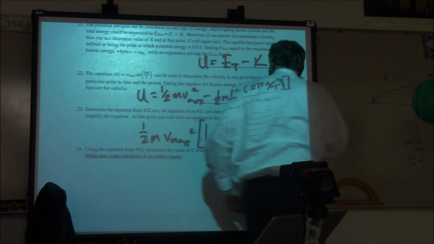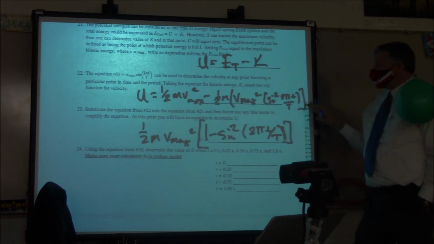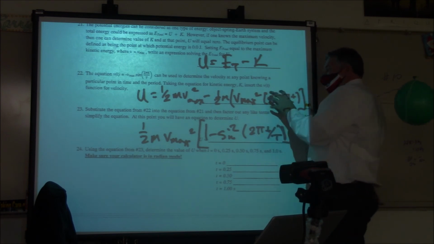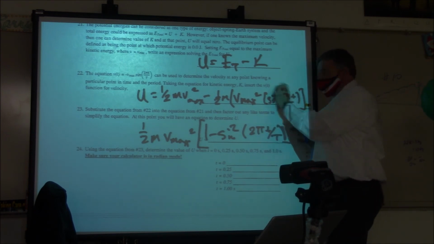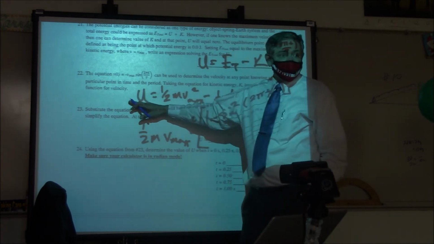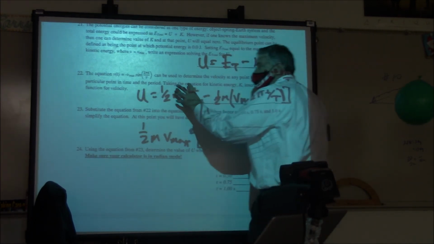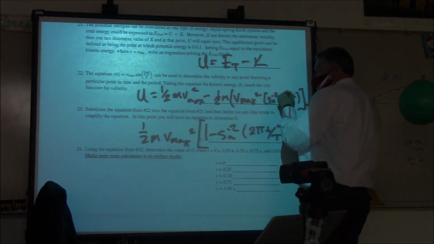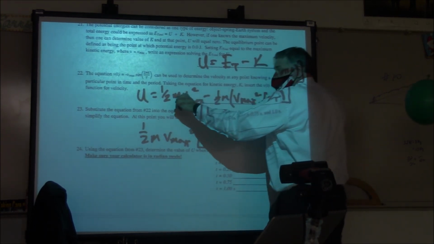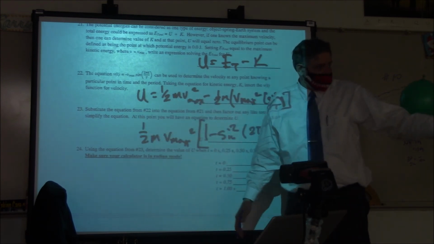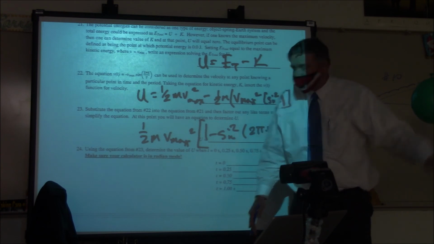So what this is getting you here is what's the velocity at certain points. So obviously if this part is 0, that means your maximum U is going to be all kinetic. Now if this mathematically works out to be the same value as this, then there is no U, because there's no energy stored.